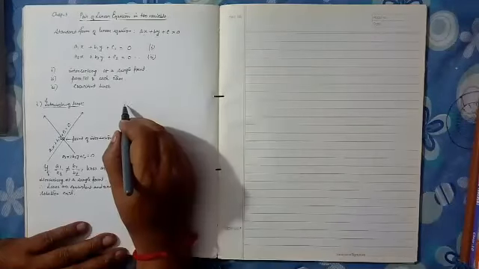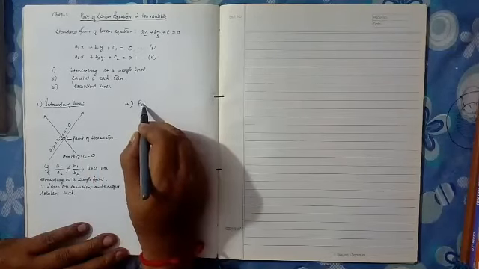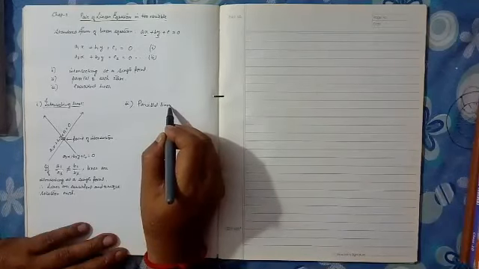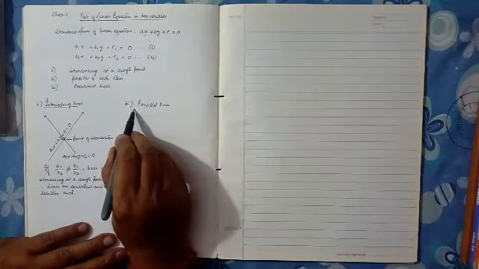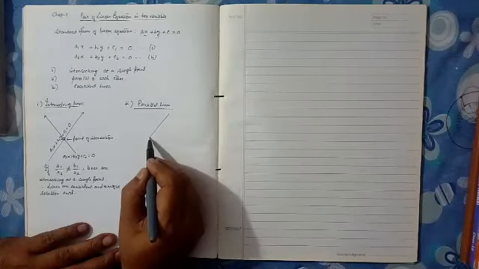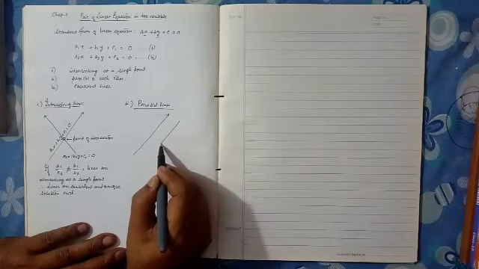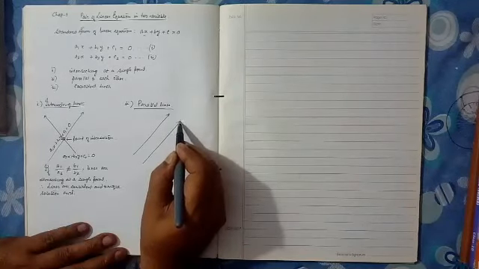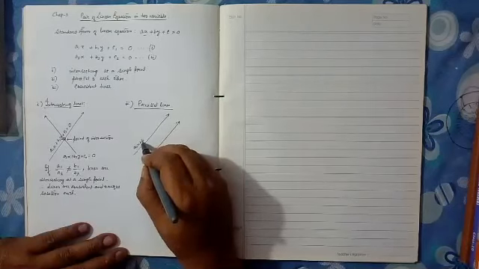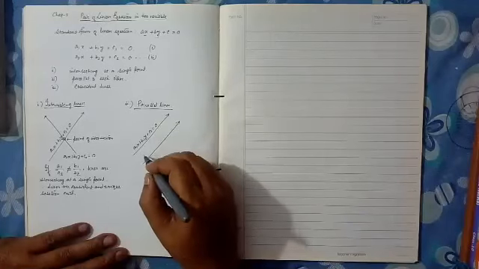Now, case 2, parallel lines. Say this is one line and this is another line. This line is represented by a1x plus b1y plus c1 is equal to 0.